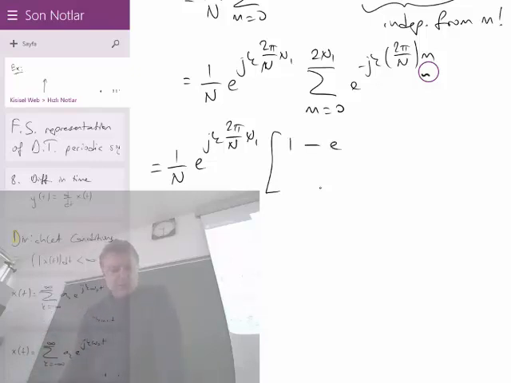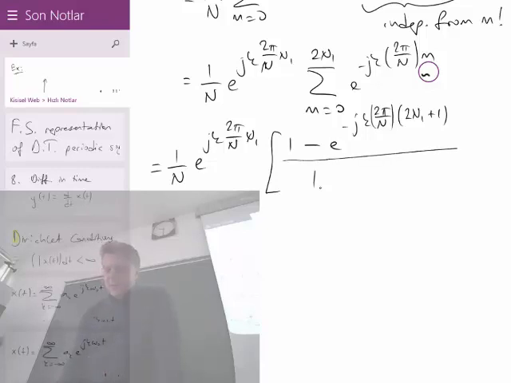1 minus e to the minus jk 2 pi over capital N, and over here I have to say the upper limit is 2n1 plus 1. Okay?